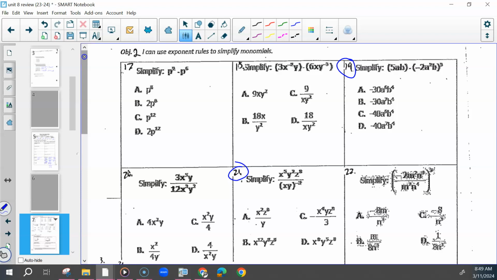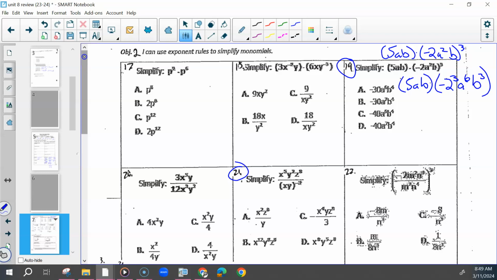For 19, you have to deal with the exponent. I'm going to just rewrite this above this just so you can see what each thing says. So we would take the exponent on the outside, multiply it to all the exponents on the inside. So that would be negative 2 to the third, a to the sixth, b to the third.